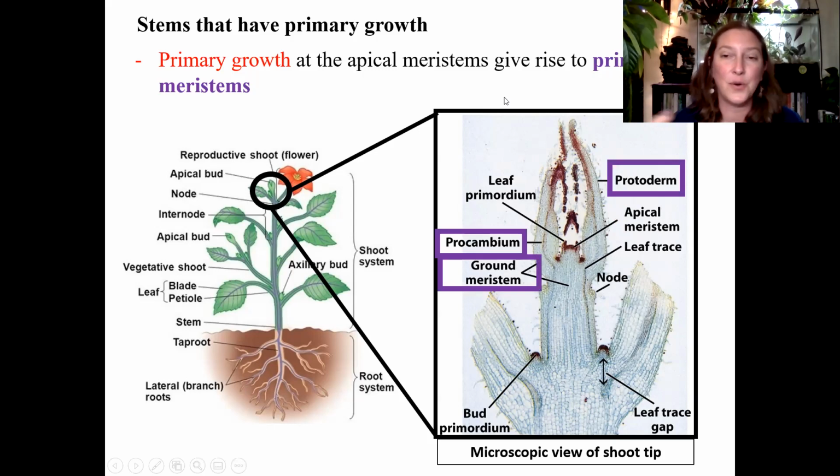They're right there. So these are the names of the primary meristems that the apical meristem makes. You have the protoderm, which we'll learn about what that makes in slides coming up. You have the procambium, and you have the ground meristem. Those are the three primary meristems, and those are made by the apical meristem.